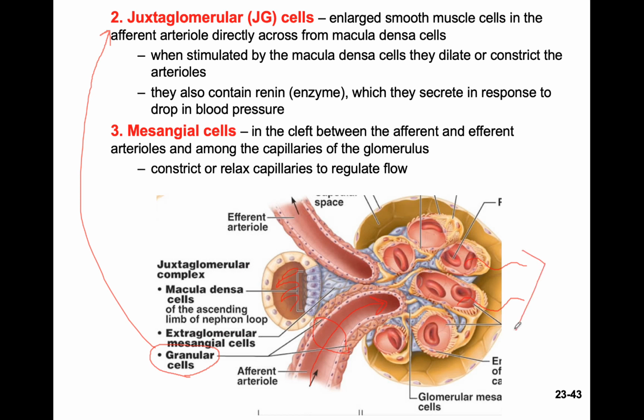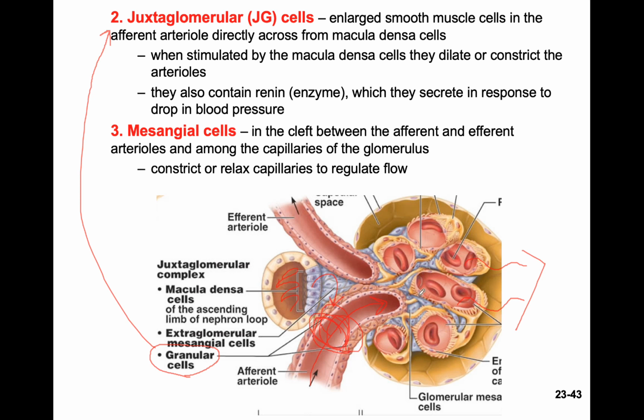Can we maybe control that a little bit? So the macula cells send a signal to the JG cells. And they say, hey, JG cells, do you think you could constrict for us a little bit to control how much blood is actually getting in? So the JG cells constrict the afferent arteriole slightly, reduce the amount of blood getting into the glomerulus to lower the GFR in here.